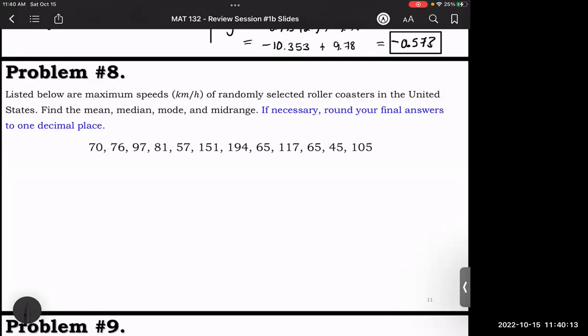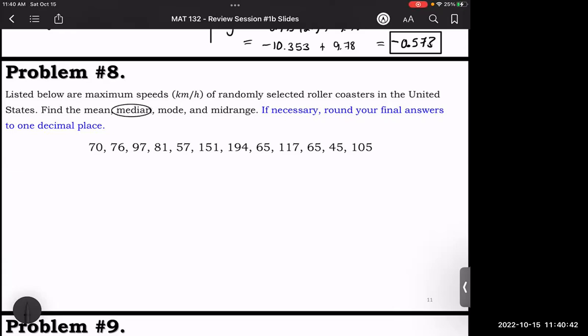Okay, so problem 8 states: listed below are the maximum speeds, in kilometers per hour, of randomly selected roller coasters in the United States. Find the mean, median, mode, and mid-range. If necessary, round your final answer to 1 decimal place. Before we begin any calculations, we have to find the median.